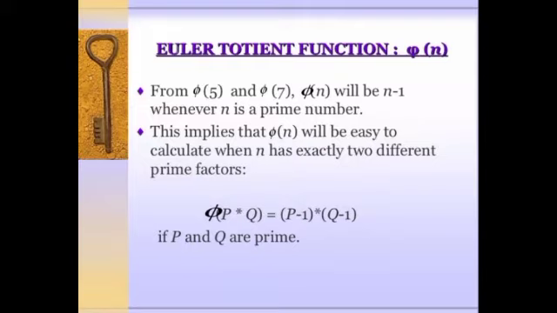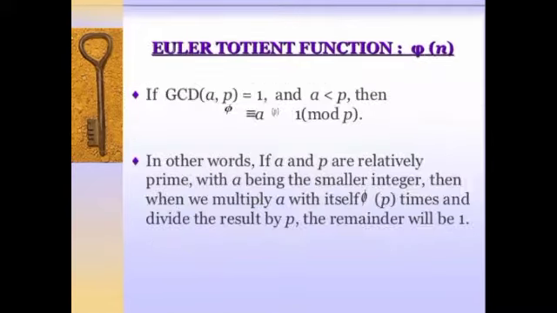So the totient of the quantity p times q is equal to the quantity p minus 1 times the quantity q minus 1, if p and q are prime. If GCD of a and p is equal to 1 and a is less than p, then a raised to the power of the totient of p is congruent to 1 mod p.